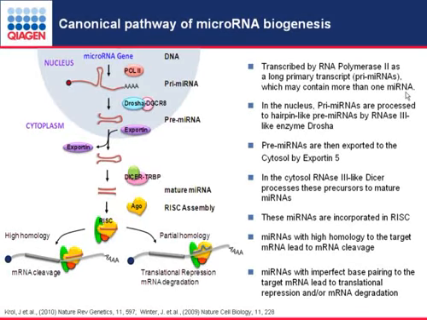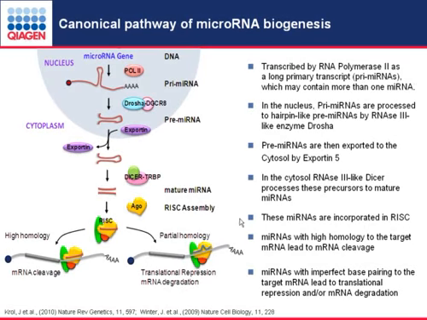In the nucleus, primary microRNAs are then processed to hairpin-like pre-miRNAs by the RNase III-like enzyme DROSHA. Pre-miRNAs are then exported to the cytosol by exportin 5, where they are further processed by the RNase III-like Dicer from precursors into mature microRNAs.